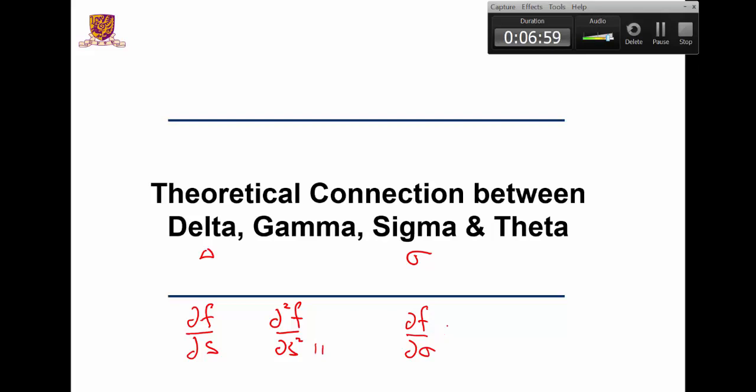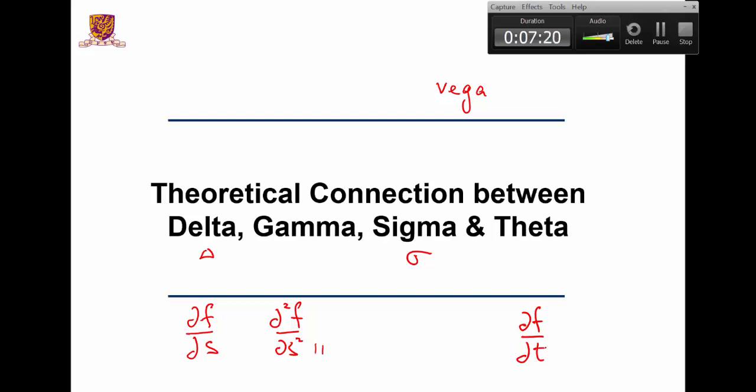In fact, the funny thing is Vega, as far as I know, is not actually a Greek letter. Sigma is. But anyway, sigma is the implied volatility and theta is just the change in price with regard to time.